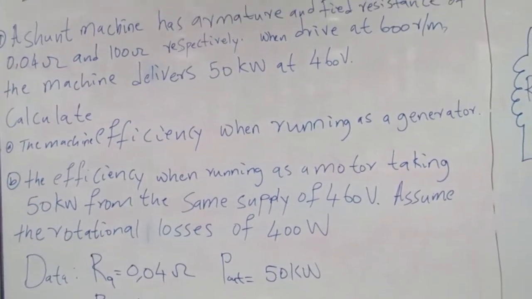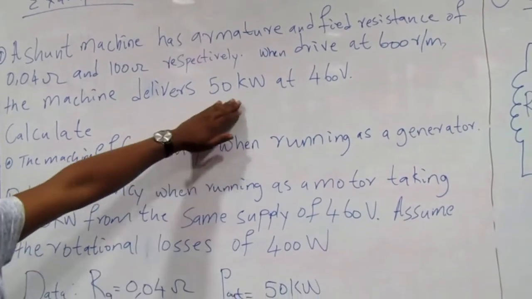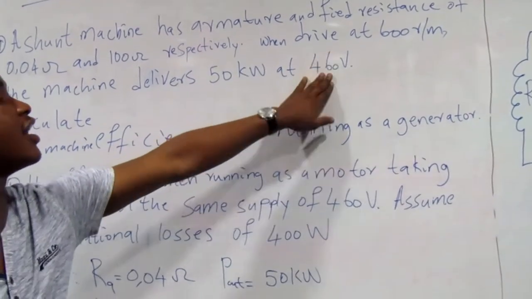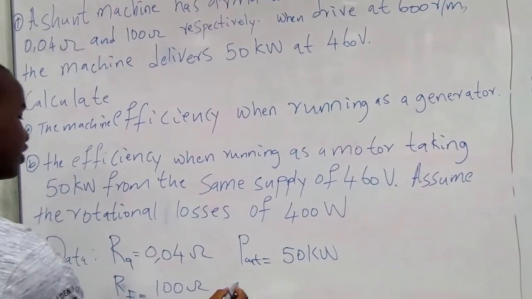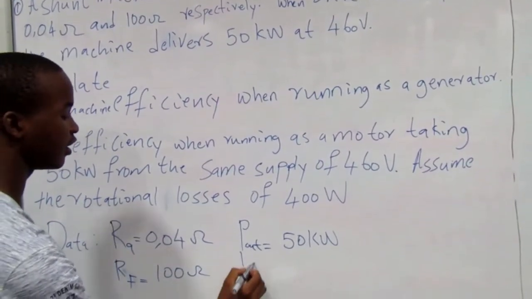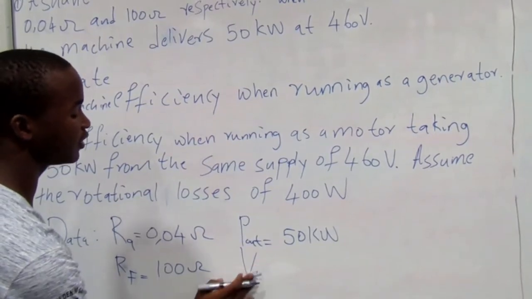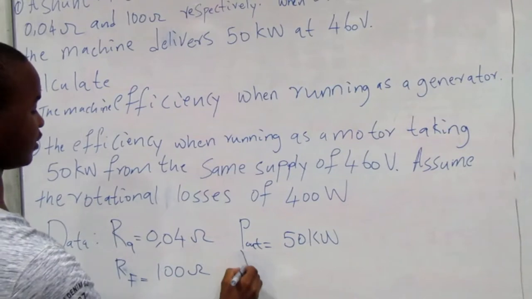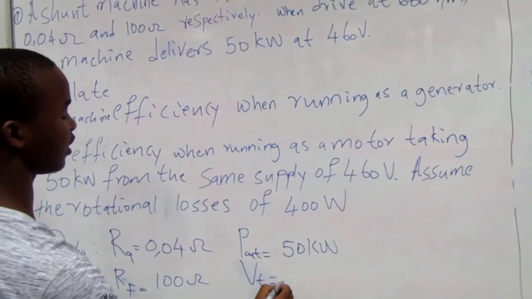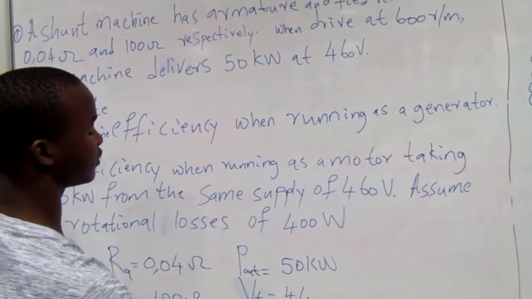They say it delivers 50 kilowatts at 460 volts. This 460 volts we are going to consider as terminal voltage. Always, unless it is stated otherwise, the given voltage is a terminal voltage.